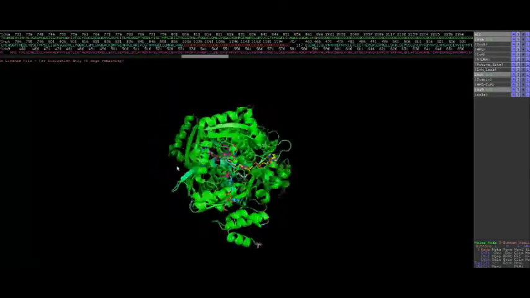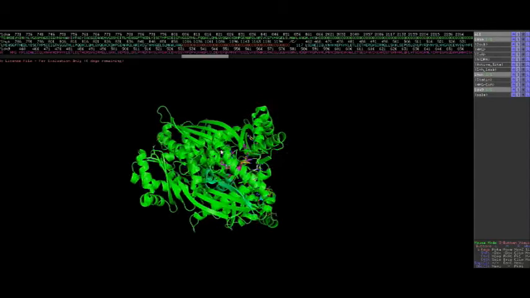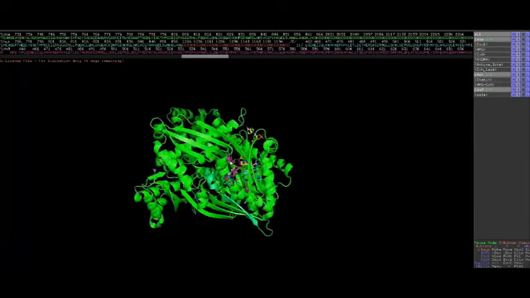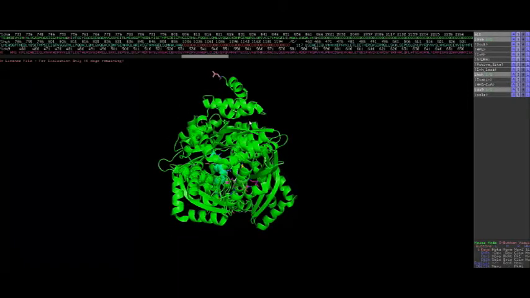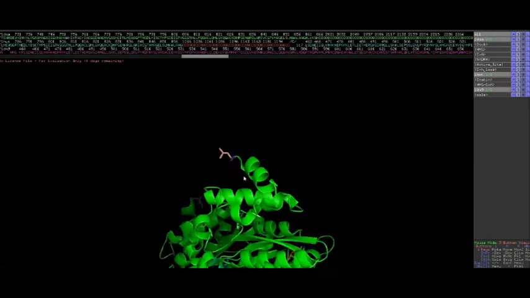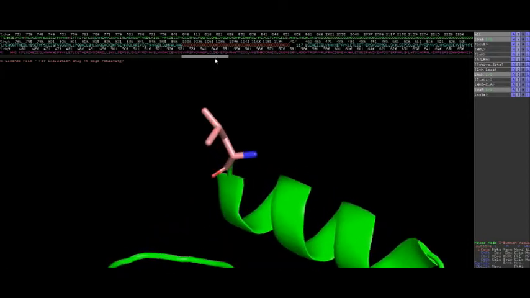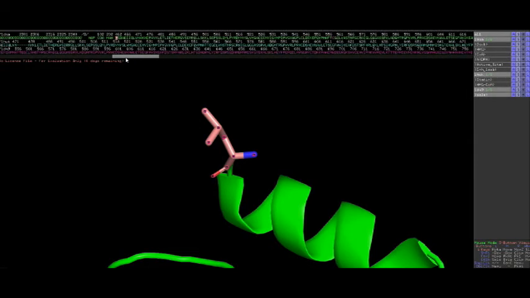So this is the structure of the catalytic domain of the HMG-CoA reductase. Right here is the most N terminal amino acid, and if we look up here at the sequence, we see that that is number 462.